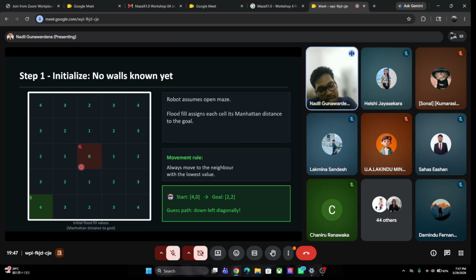There are cons to that, because if we give priority to the right, maybe you can explore the maze faster if the mouse goes in the forward direction, not in the right direction. But let's just move on with this one. So initially, we apply the flood fill algorithm, assuming that there are no walls.